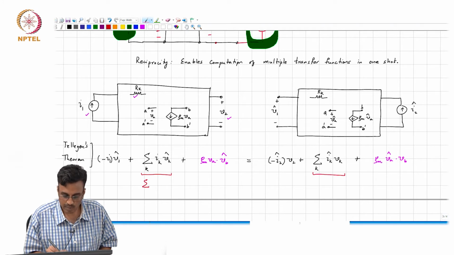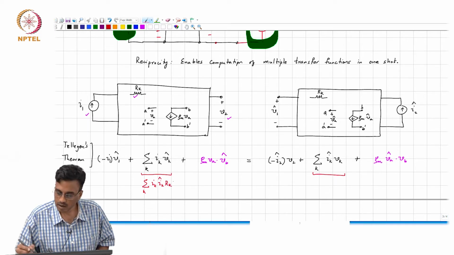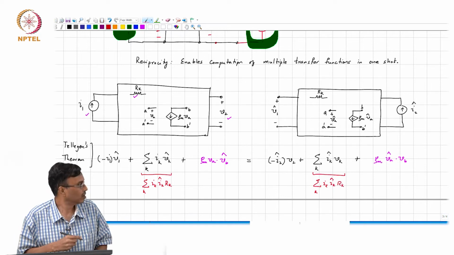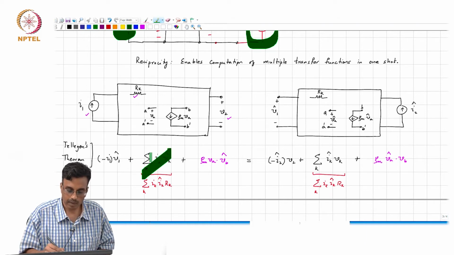This is simply nothing but sum over k of ik hat times rk, and this is sum over ik hat times rk, okay. So what comment can we make about these two quantities?